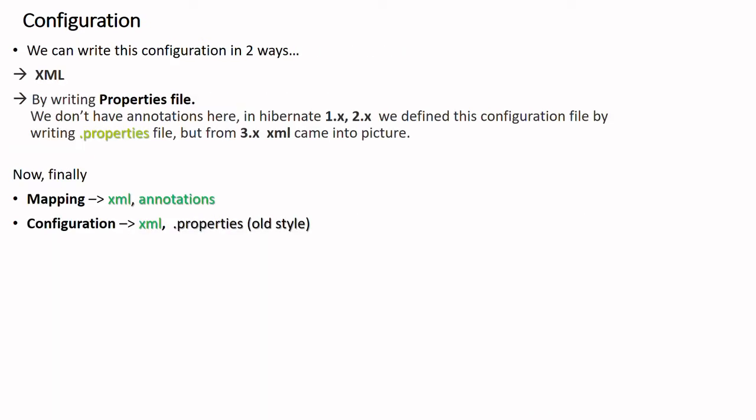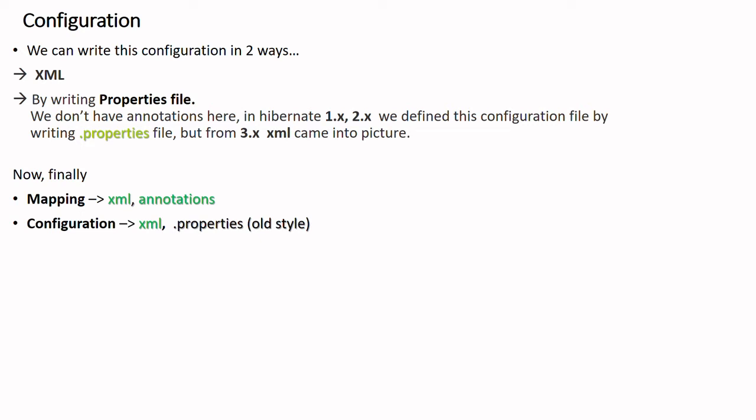We can write the configuration in two ways: in XML form, and second by writing a property file. But the property file is deprecated. We don't have annotations in Hibernate 1.x and 2.x; we defined the configuration file only by writing a dot property file.